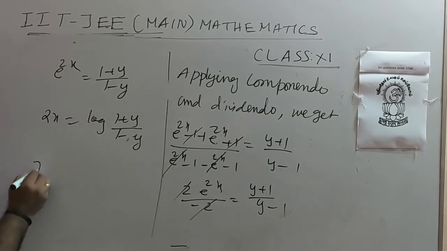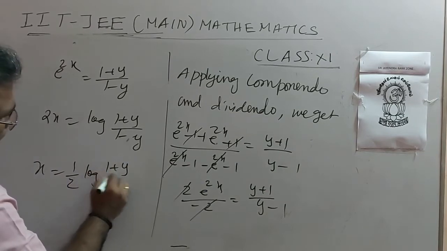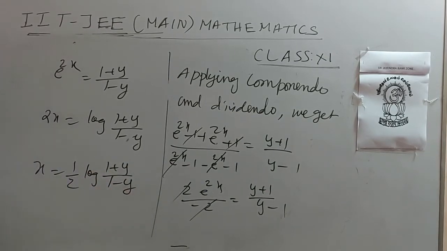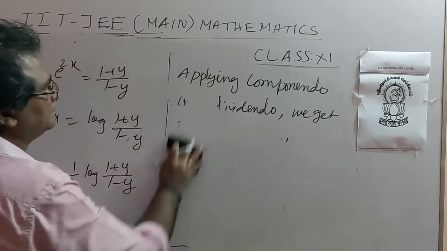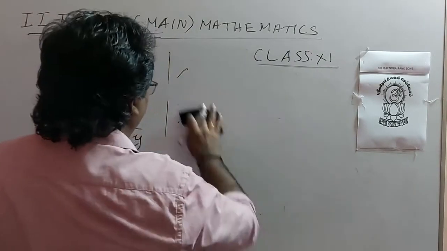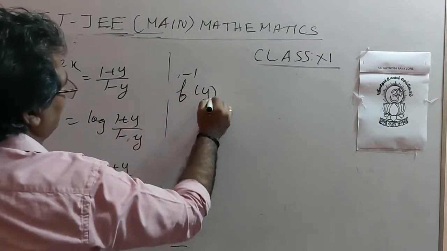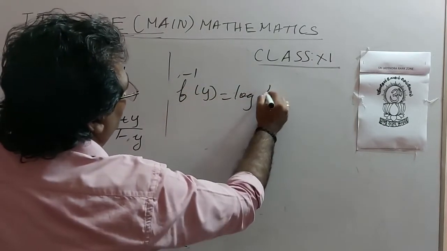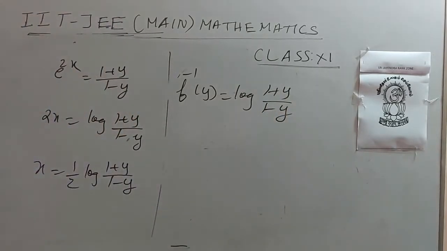We need x, so x equals 1 by 2 log of 1 plus y by 1 minus y. So x, that is f inverse of y, equals 1 by 2 log of 1 plus y divided by 1 minus y.